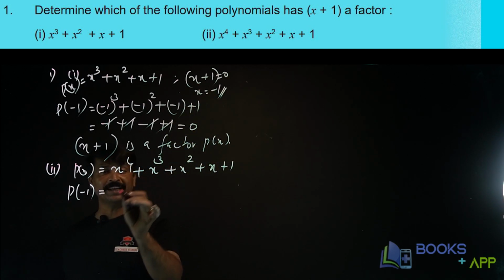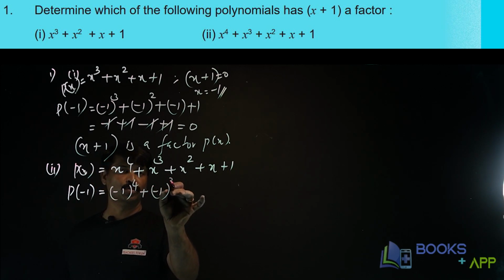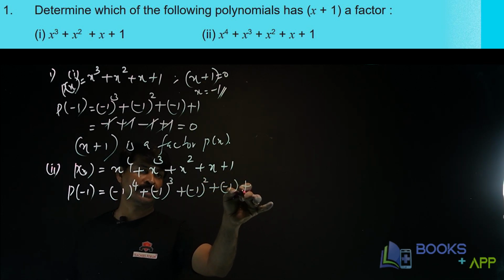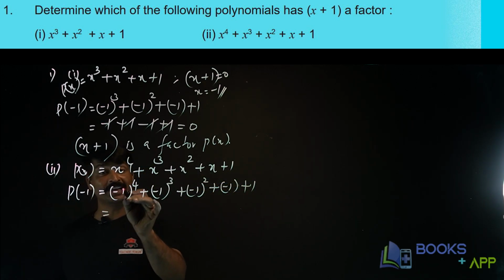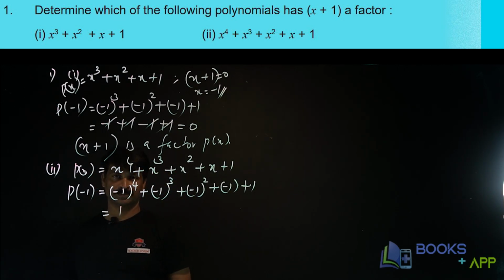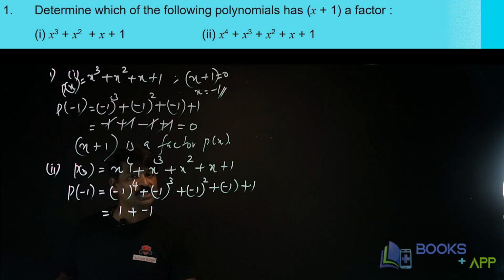Okay. So p of minus 1 is equal to minus 1 raised to 4 plus minus 1 cube plus minus 1 square plus minus 1 plus 1. What is minus 1 raised to 4? It is an even power, so that will be plus 1. Plus minus 1 cube, it is an odd power, so it will be minus 1, because minus 1 into minus 1 into minus 1: minus 1 into minus 1 is plus 1, plus 1 into minus 1 is minus 1.